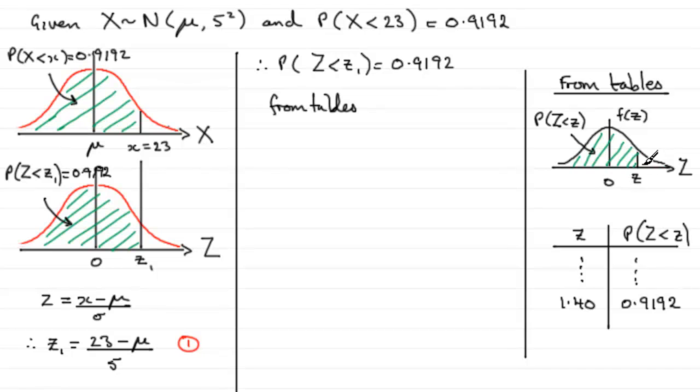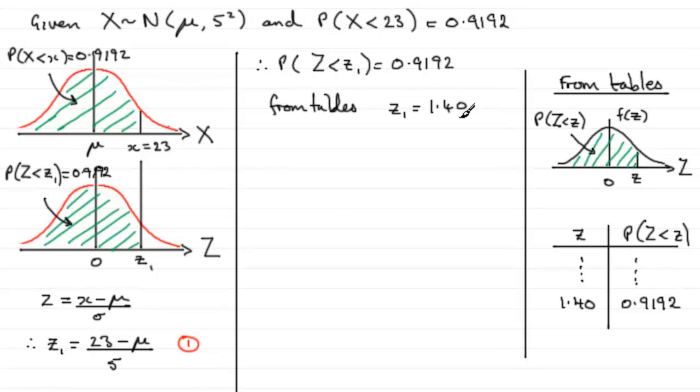And so what you've got to look for is the probability in this column here, which is 0.9192. And then in the tables that I was looking up, the corresponding z value was 1.40. So we can see that from tables z1 is equal to 1.40.